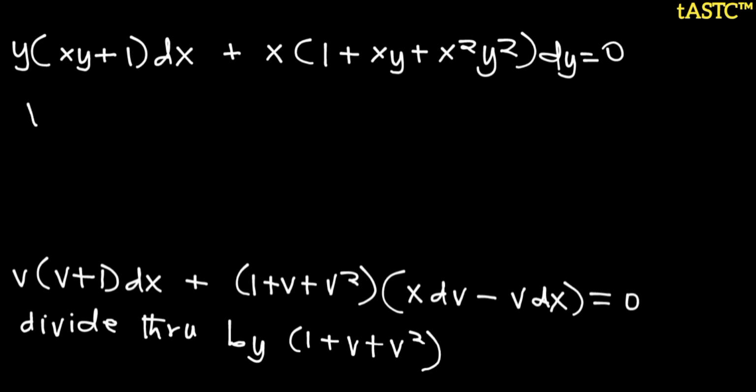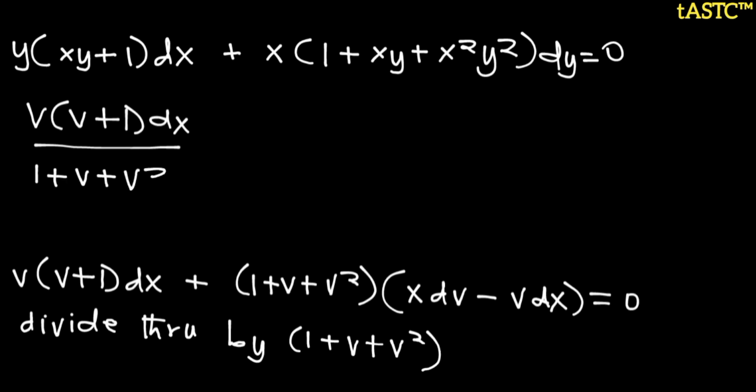So that will take this to this side, and we're going to have a v multiplied by v plus 1, and that is divided by dx. This will be, well, that is multiplied by dx rather. And here we have divided by 1 plus v plus a v squared.